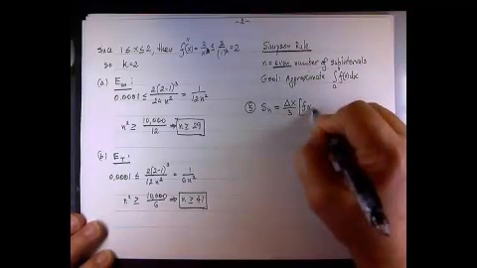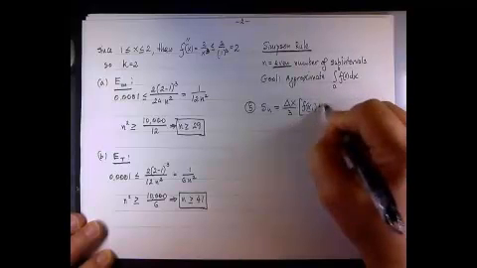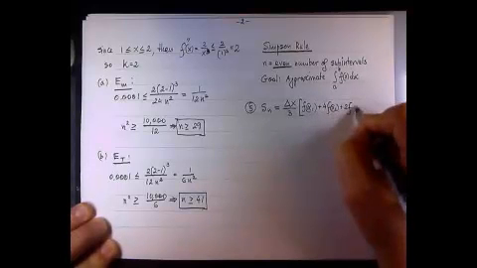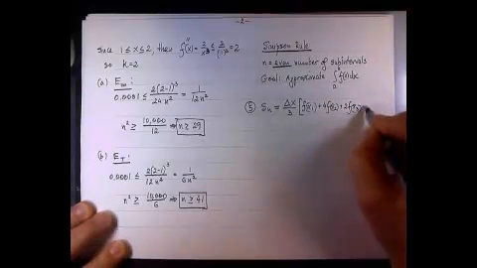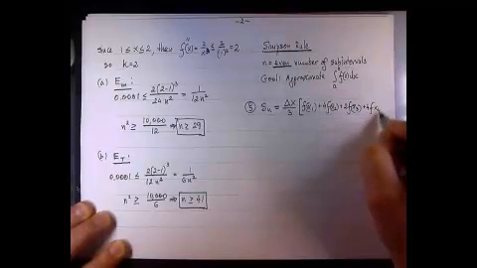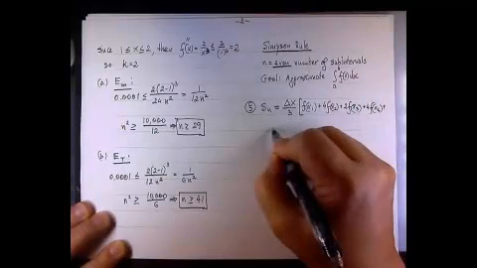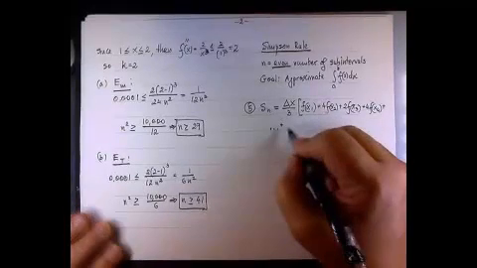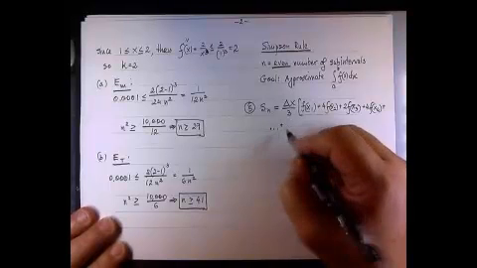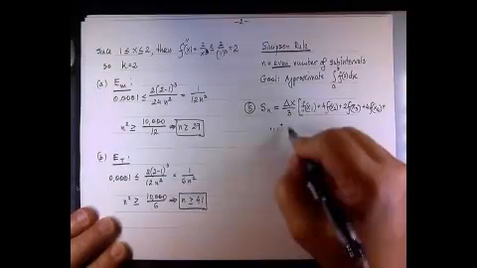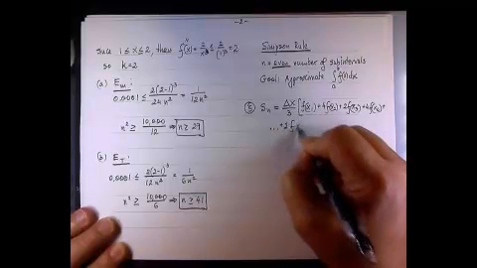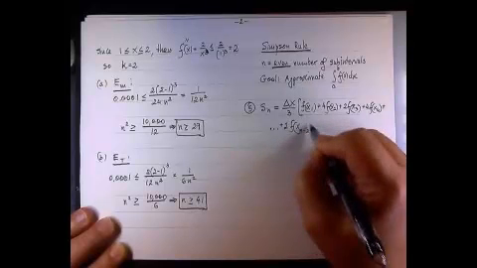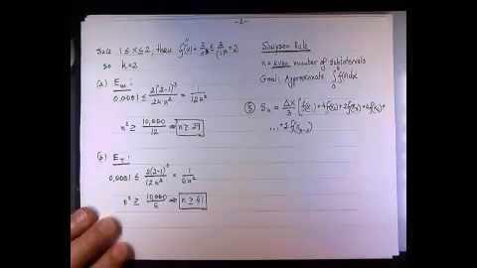Okay, so let's see. It would be 1 multiplying f of x sub 1 plus 4 multiplying f of x sub 2 plus 2 multiplying f of x sub 3 plus 4 multiplying f of x sub 4 plus, and then we do dot dot dot. Then we go to the one before the one before last, and it will be 2 times f of x sub n minus 2.